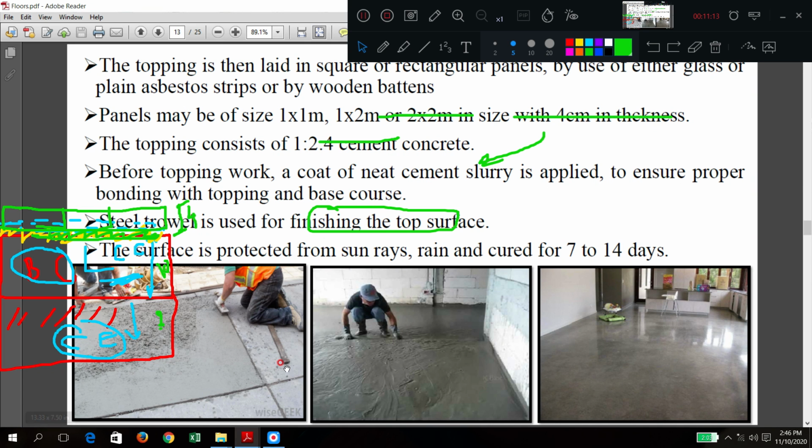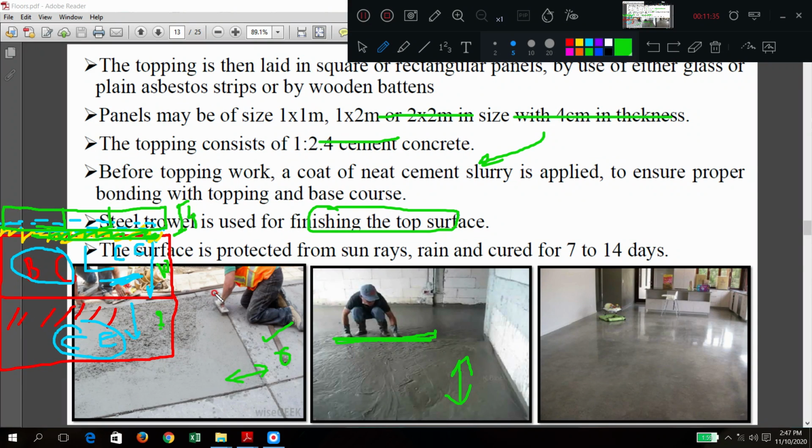Can you see this small diagram? This is called a straight edge. Here that person is using the straight edge to make it a level surface. I hope it is now clear. This is called a mallet or wooden hammer.